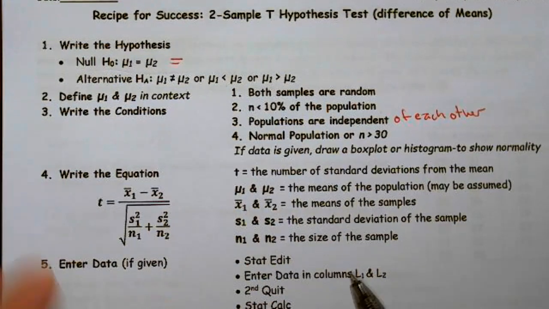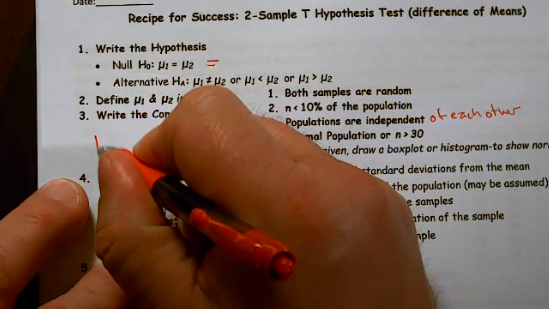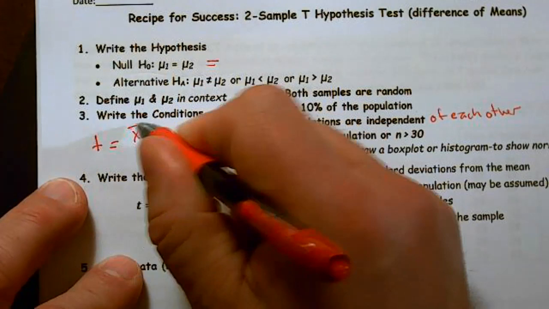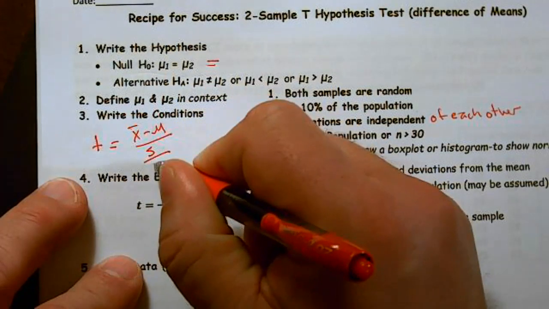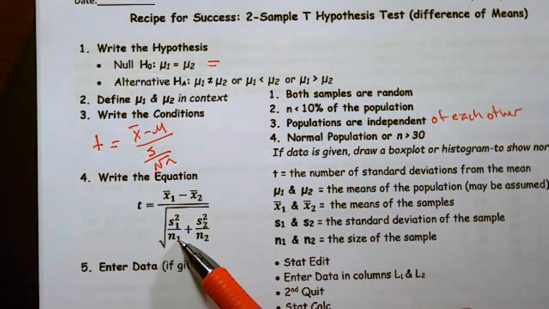Our equation has changed, and it looks initially scary, but it's not. Because initially we had T equals X bar minus mu, S divided by the square root of N. Well, this is essentially the same thing.